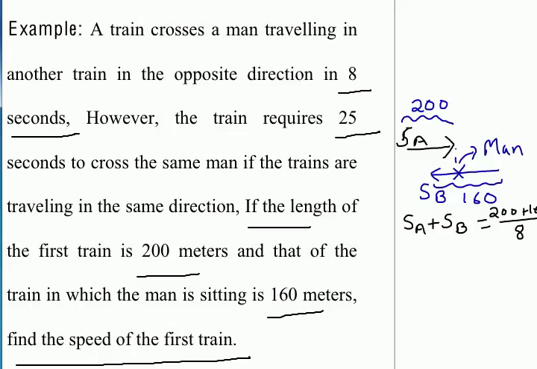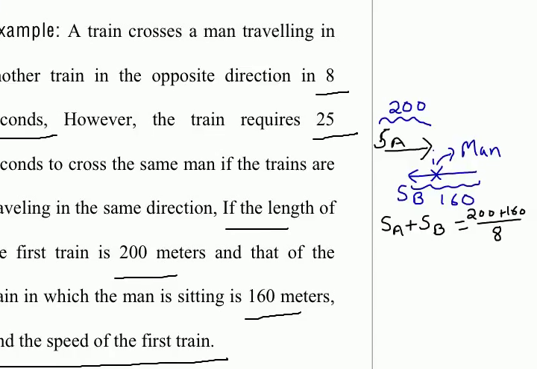Well, this actually is a bit of a trick question, and the 160 here is quite redundant. The reason is the question is saying the first train takes 8 seconds to cross the man. The man is a single point. The question is not saying that the first train takes 8 seconds to cross the whole of the second train.